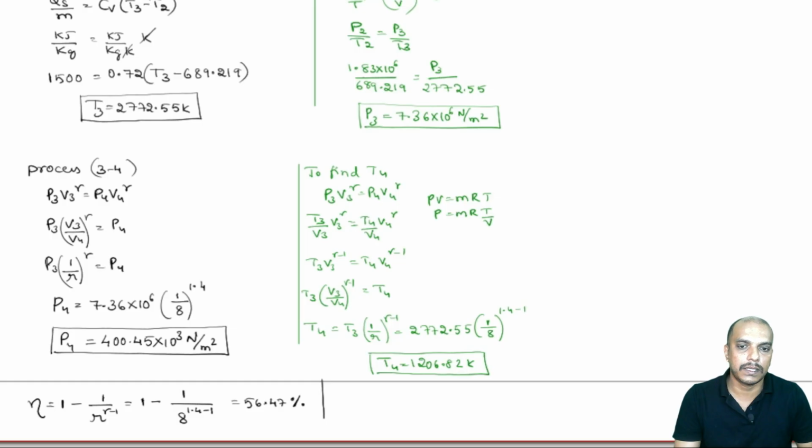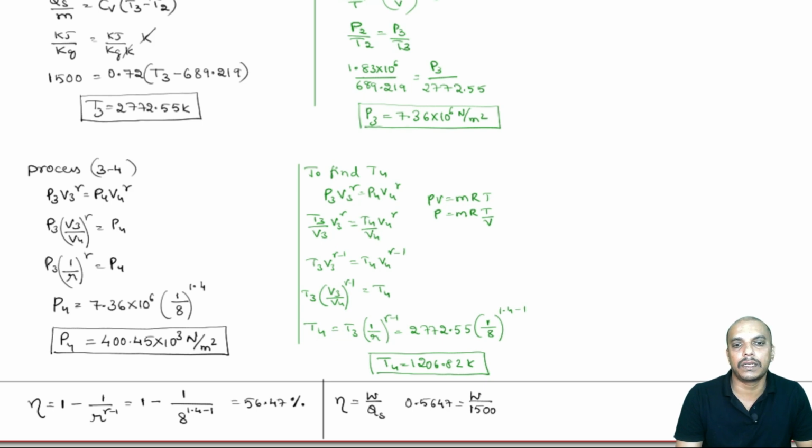Now the second part is work transfer. Efficiency is given by work divided by QS. Efficiency we have calculated as 0.5647, so I will substitute. While substituting it back, make sure we use 0.5647 and not the percentage, because I am avoiding multiplying by 100 each time. Work transfer is what we want and QS is 1500.